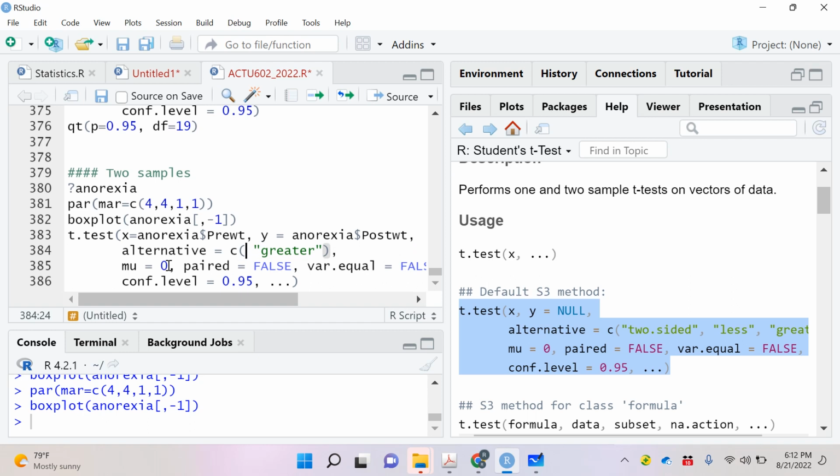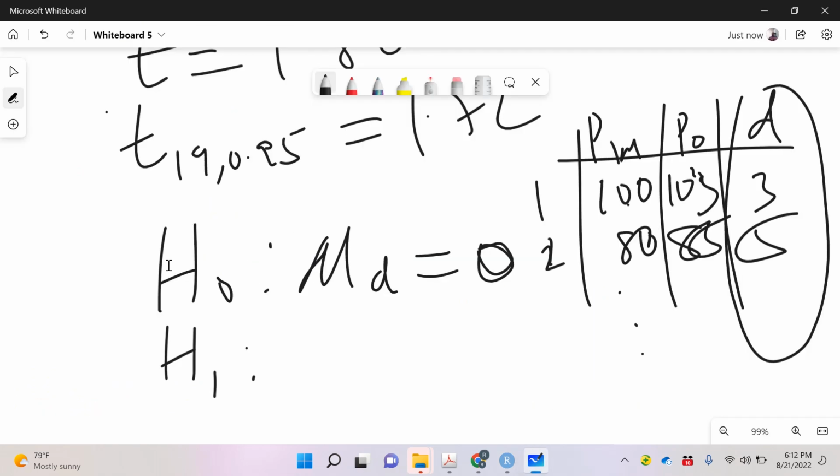Should mu be equal to 0 or not? Remember what we did over here. Mu d is 0. What we are doing actually is mu d greater than 0. So this one, mu will still be 0.